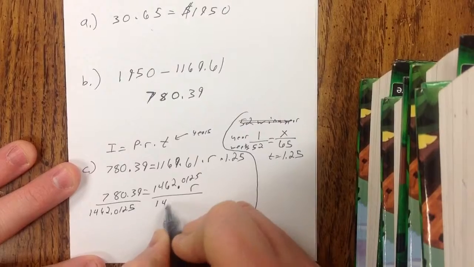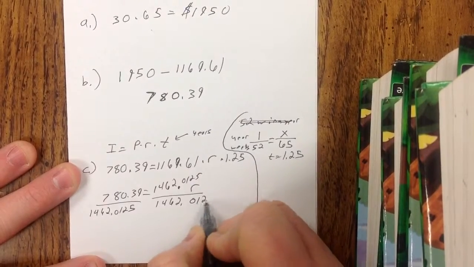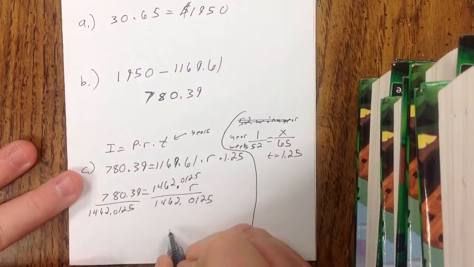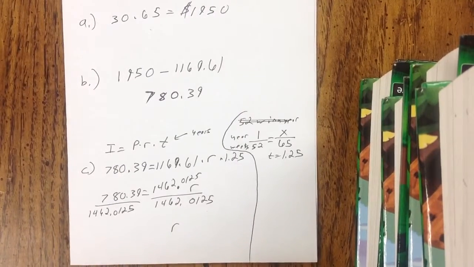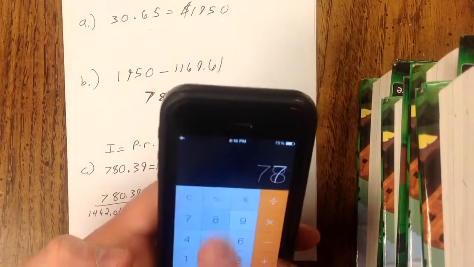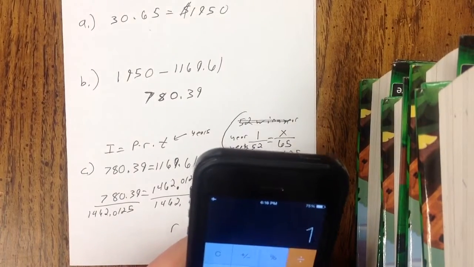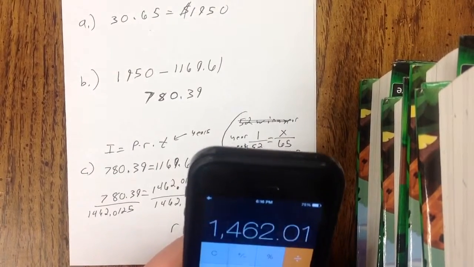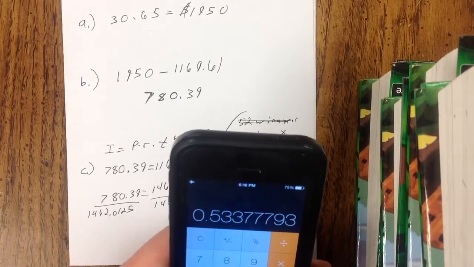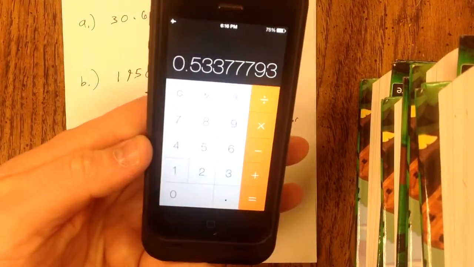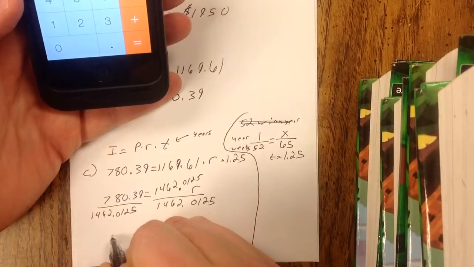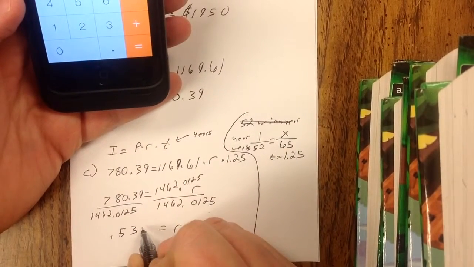And I can round, but since I'm using a calculator, why round? So I'm going to say now $780.39 divided by 1462.0125. And that's going to be my interest rate. All right, move the decimal place over twice, but the rate's going to be 0.53.